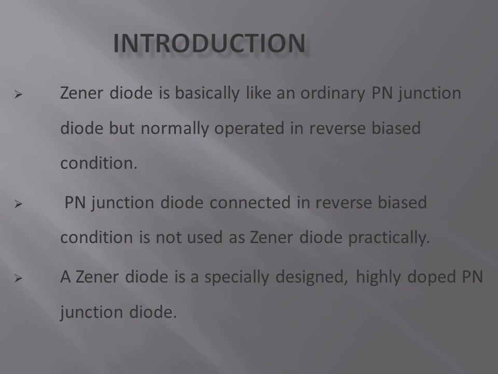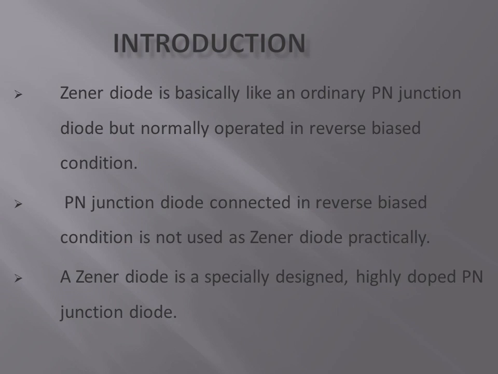It means that the N type material is connected to the positive terminal and the P type material is connected to the negative terminal. So this is the reverse bias condition, and in particular the Zener diode conducts only in reverse bias. A normal PN junction diode should not be used as a Zener diode practically, because it does not operate in reverse bias condition.